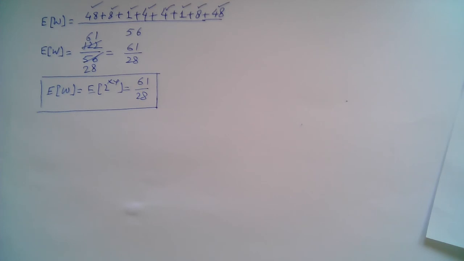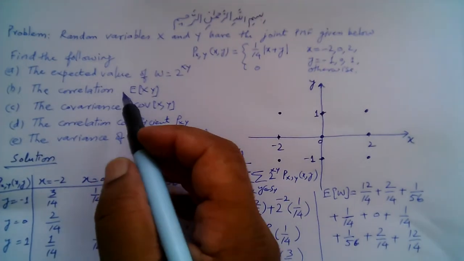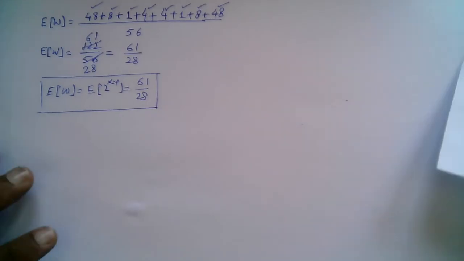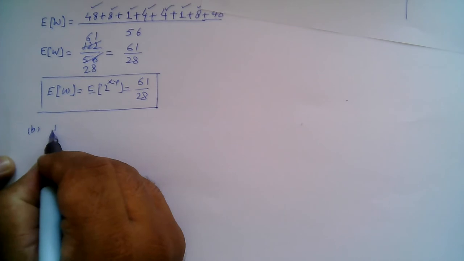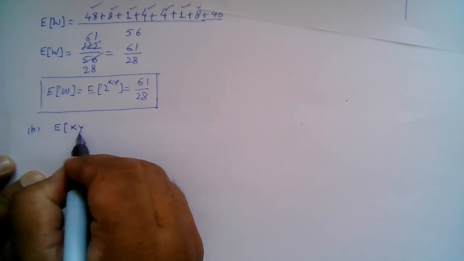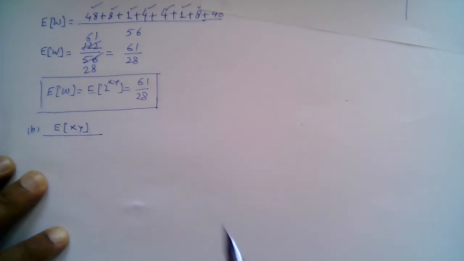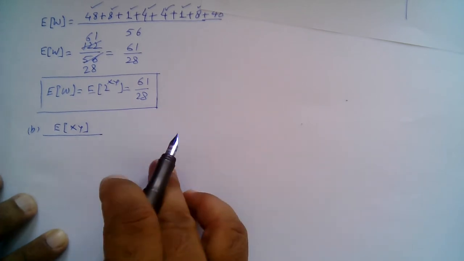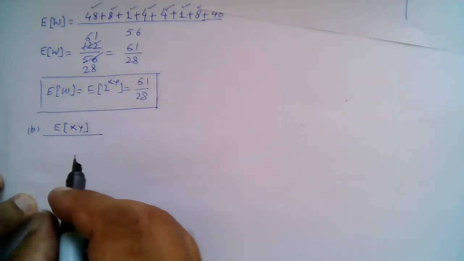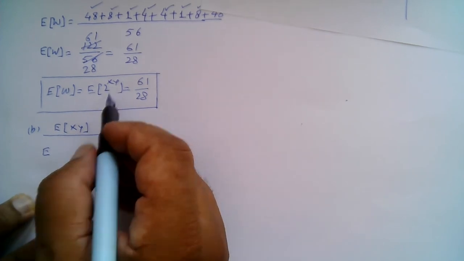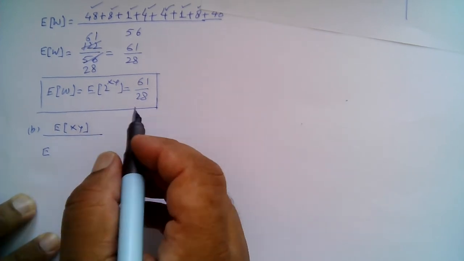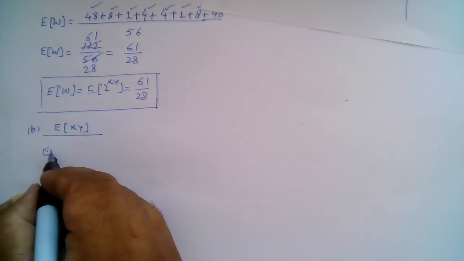So let us now begin with our part B, which is the correlation of x and y, right? In part B, we need to calculate the correlation of x and y. So this is computed in a similar manner like we did here, only that now instead of 2 raised to power xy, we need to compute xy and then multiply with the corresponding value of the probability.